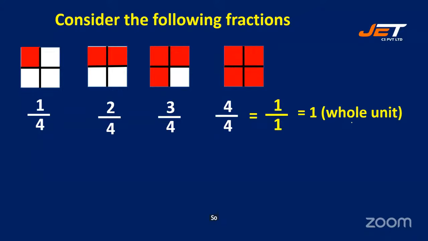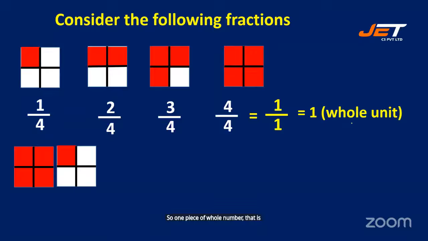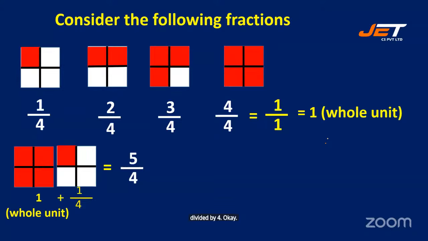So 1 is a whole number, that is, a whole unit. Right? So here we have 1, 2, 3, 4, 5. That is 5 by 4. Okay. Right. So 1 plus 1 by 4.